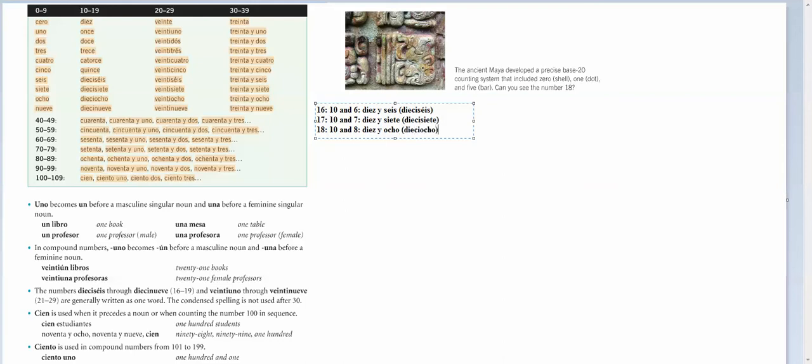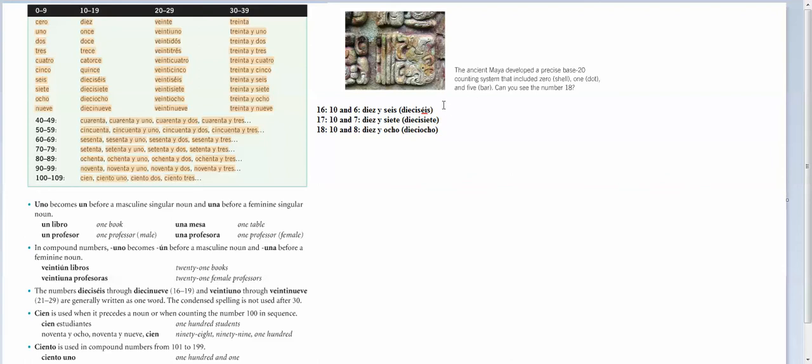Okay. You'll also notice that I put an accent mark over this E. Whenever you're making a compound word and the second number is of one syllable, you have to add an accent to the first vowel.